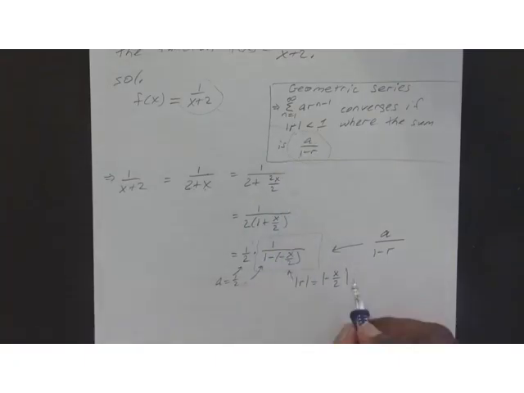So that means this absolute value of r has to be less than 1. Okay. So we know that when the absolute value of negative x over 2 is less than 1, that's where it converges.